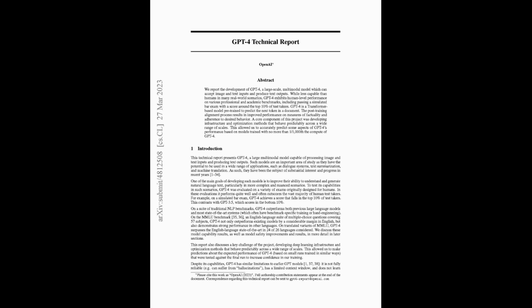Exactly. The report showed they actually did predict some aspects of GPT-4's performance quite accurately based on much smaller models trained earlier. They argue this predictability is really crucial for safety. If you have a better idea of what capabilities might emerge as models get bigger, you can hopefully prepare for them. Right. Plan ahead for the safety challenge.